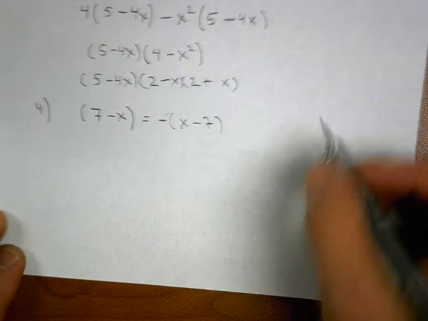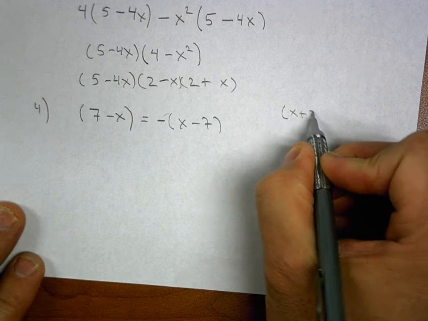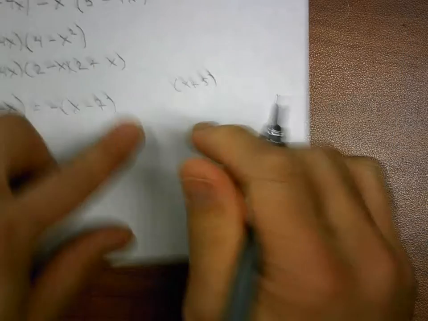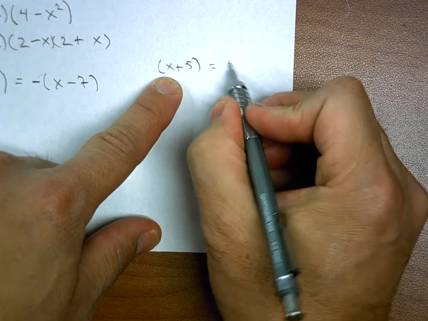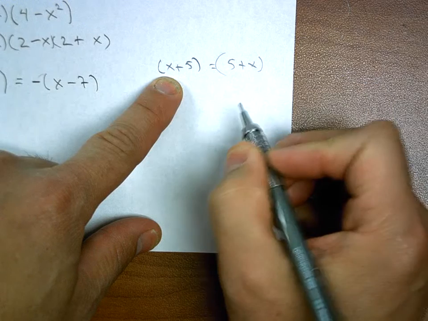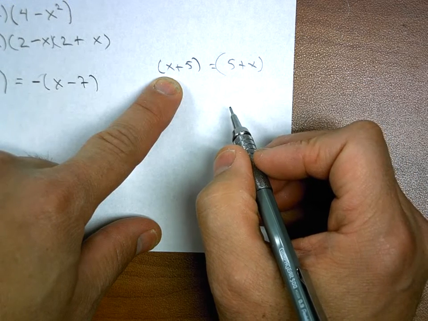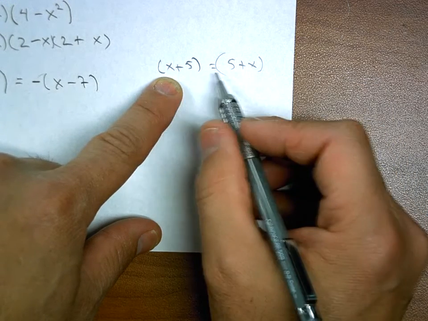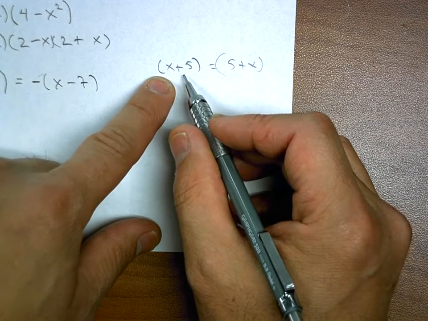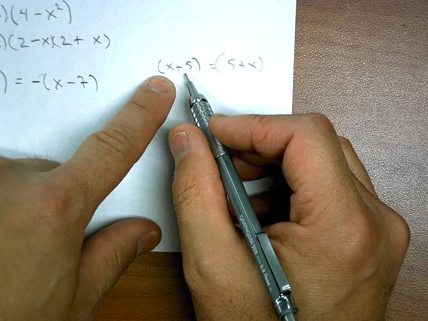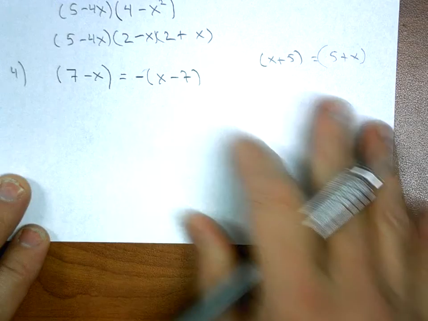Incidentally, if you had x plus 5, can I switch this without doing anything? Can I call that 5 plus x? Is this true? Yes. If it's plus, you could switch it. 5 plus 2, 2 plus 5, it's the same. Just when you have subtraction, you got to.